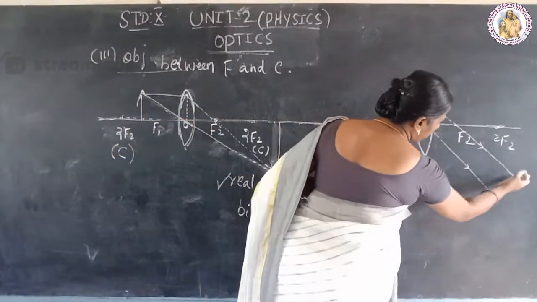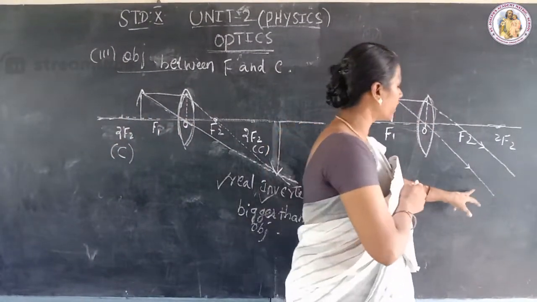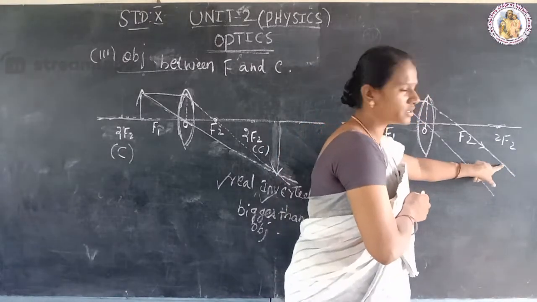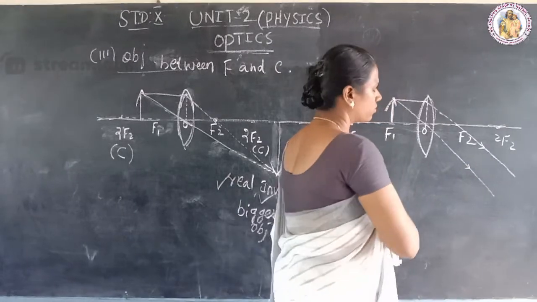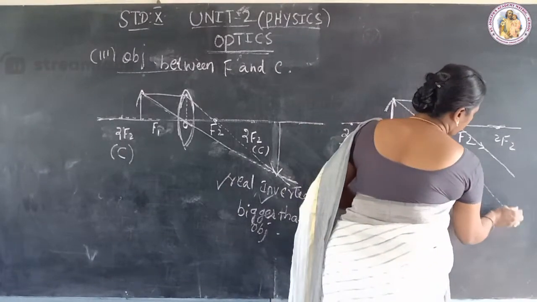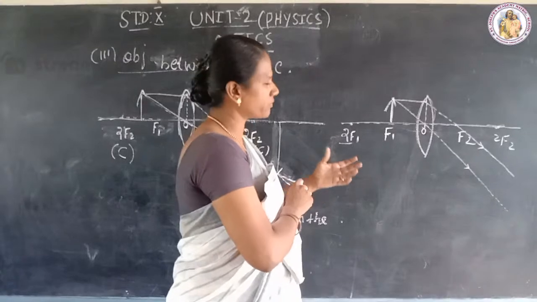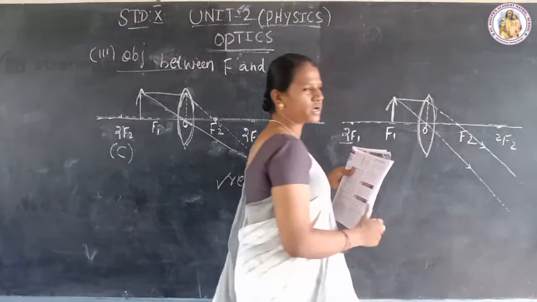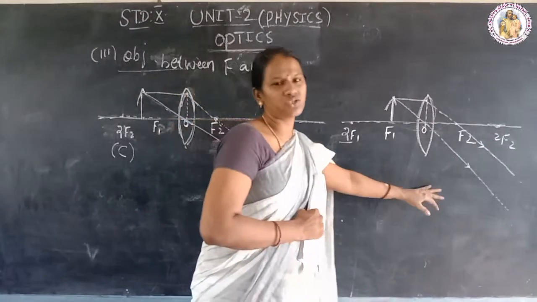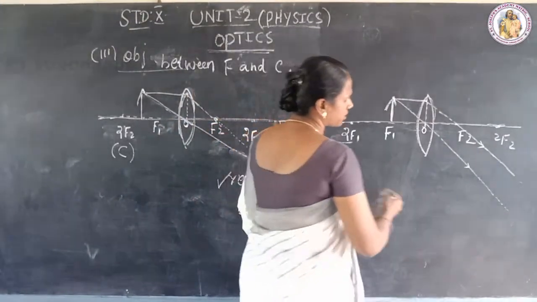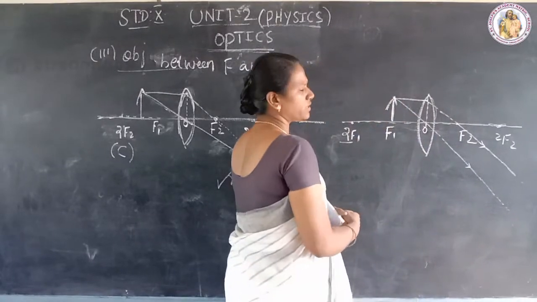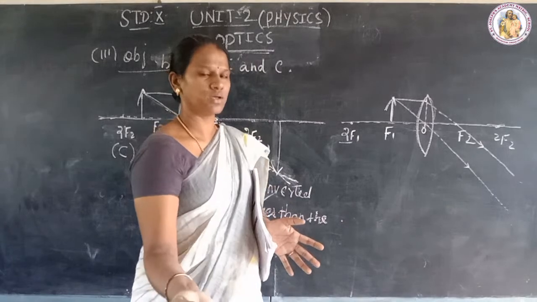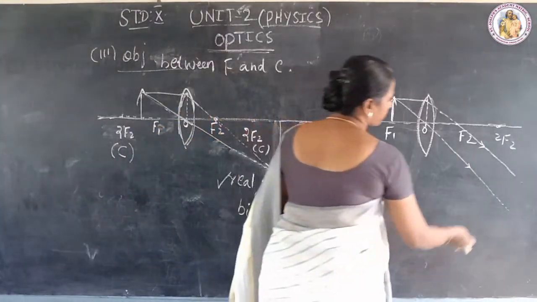Can we see any intersection of these refracted rays? No. The rays would only intersect if extended, at infinity. What will be the size of the image? It will be bigger, very big.